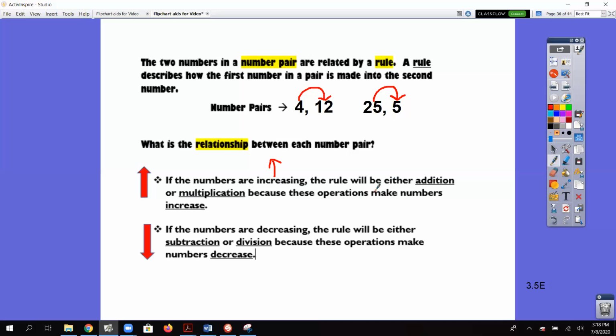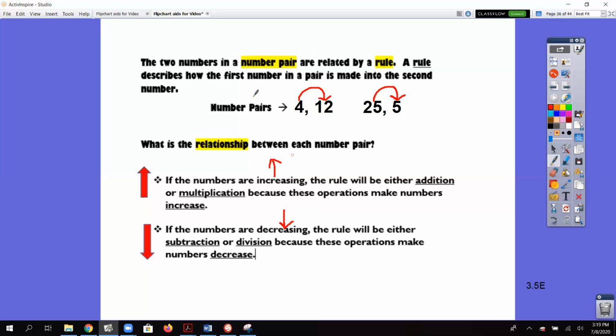If the numbers are decreasing, and remember decreasing means your numbers are going down, they're getting smaller, the rule will be either subtraction or division, because those two operations make your numbers decrease. With division and subtraction, you are separating equal groups or separating objects. With multiplication and addition, you are joining equal groups or joining objects.